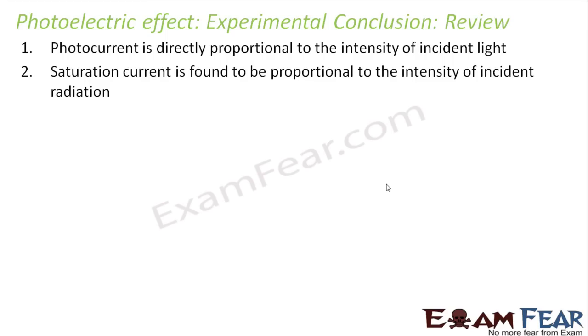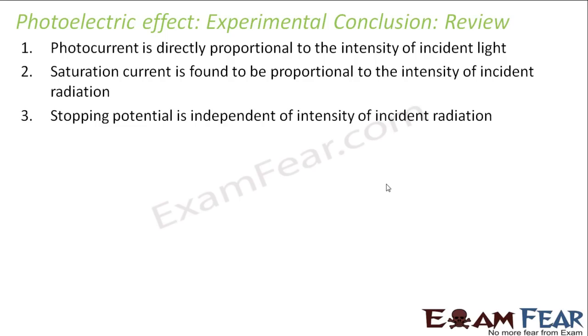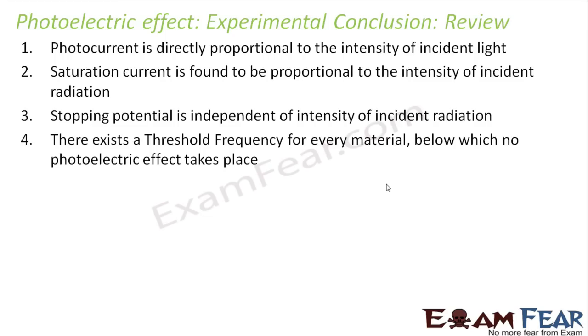Saturation current is proportional to the intensity of incident light. So all currents are proportional to the intensity, right? Stopping potential is independent of intensity. Stopping potential has nothing to do with intensity. There exists a threshold frequency for every material below which no photoelectric effect takes place.